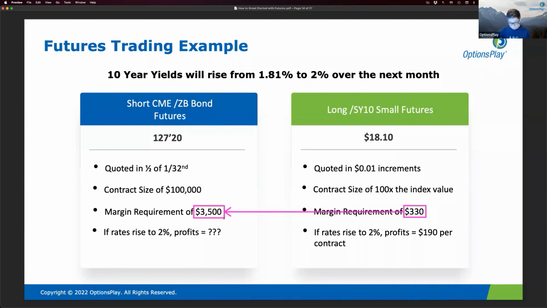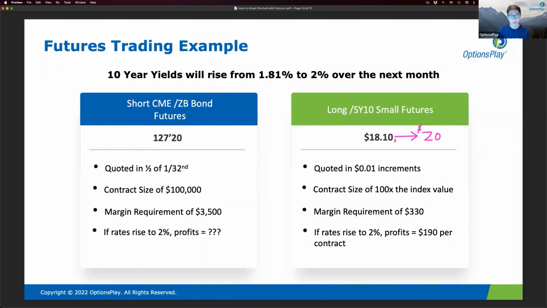And most importantly, if I'm correct, if interest rates rise from 1.8% to 2%, basically the futures value is going to go from $18 to $20. So imagine buying 100 shares of an ETF that's currently trading at $18.10 and it rises to $20. How much do you potentially make on that trade?